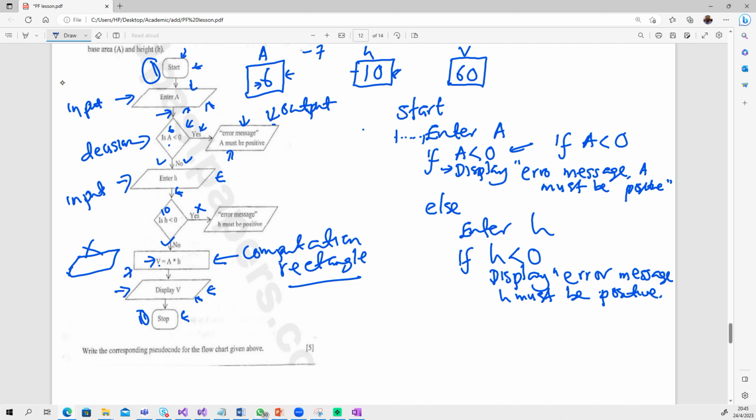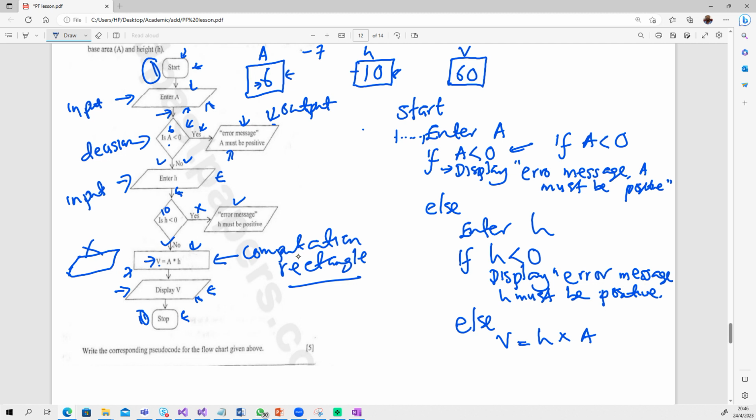Then if this is not true, so I have two possibilities here. If it's true, I'll do this. If not, I have to come here, right? So that is simply a process. This should be done if this is not true. So you say else, you say v is equal to, now, so you put that process there. So v is equal to h multiplied by a.